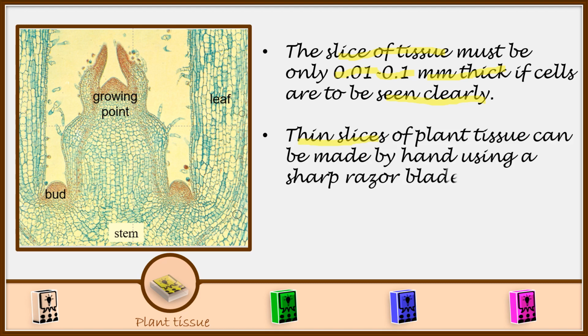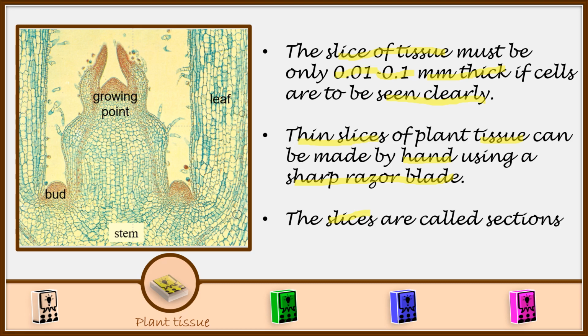Thin slices of plant tissues can be made by hand using a sharp razor blade. We can cut it using the hands. The slices are called sections.